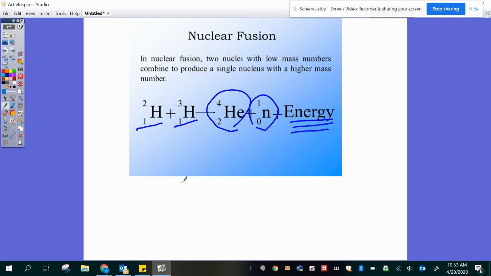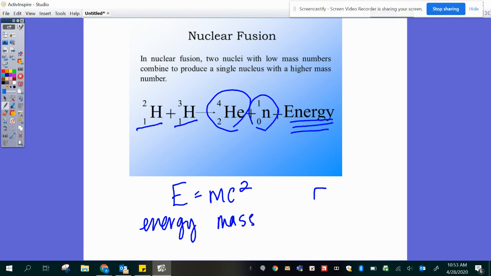So this is the idea that Einstein came up with this formula. Okay, E equals mc squared. E is energy, and m is mass. Okay, so we can see that energy is directly proportional to mass. That means if we decrease mass, losing that mass is going to give us lots of energy.